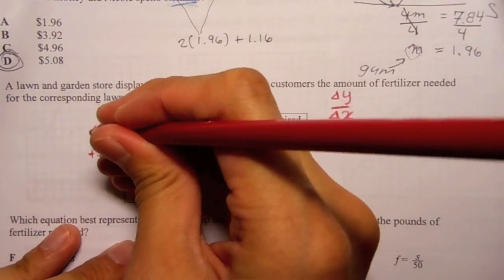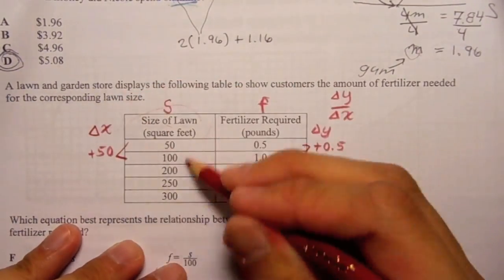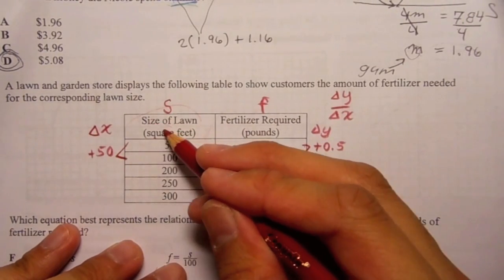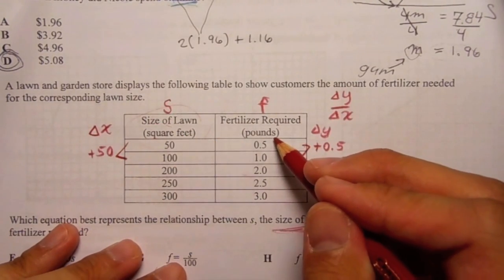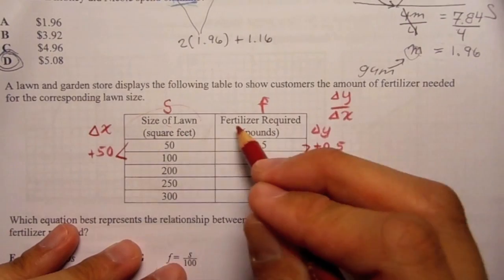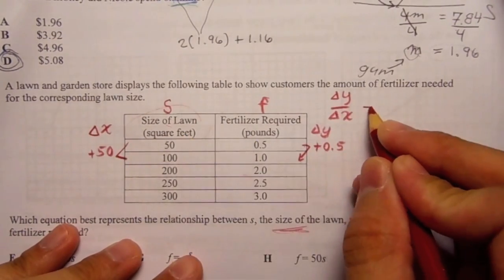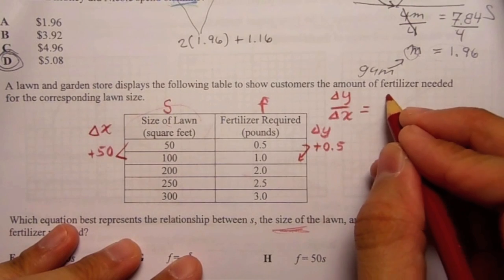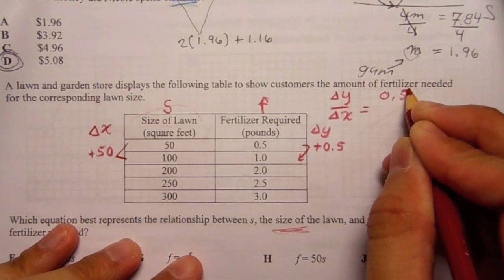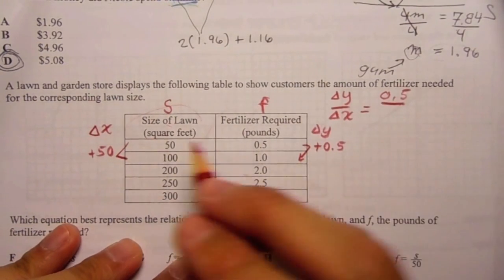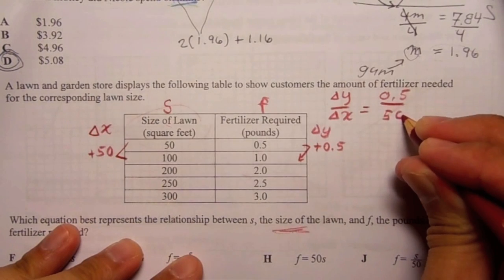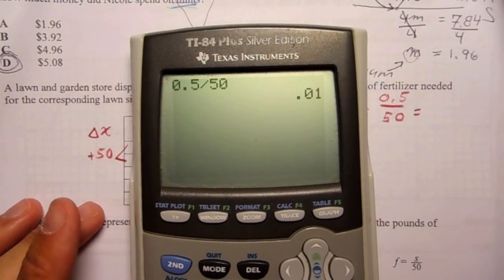This one is your changes in x's. The first column is your x values, and the second column is your y values. But we have it in terms of s and f. Don't let that confuse you. Plugging it in here, my changes in y is 0.5. My changes in x is 50. We get 0.01.